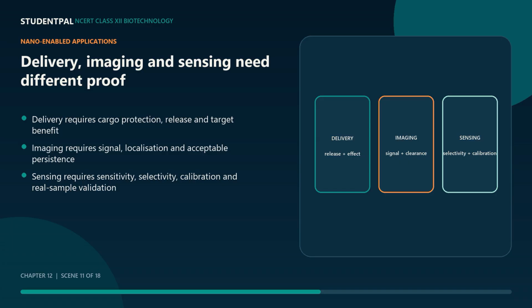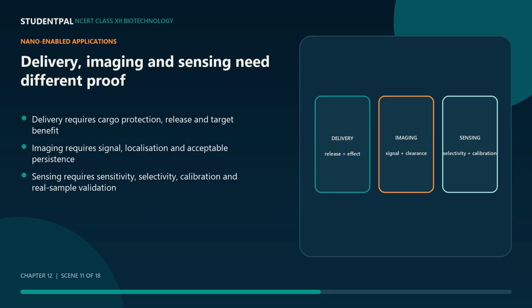For delivery, compare free cargo, empty carrier and cargo-loaded carrier, measure uptake, release, biological effect and toxicity. A targeting ligand should be tested against a non-targeted particle and in cells with and without the target receptor. For imaging, establish signal strength, spatial accuracy, background, distribution and clearance.